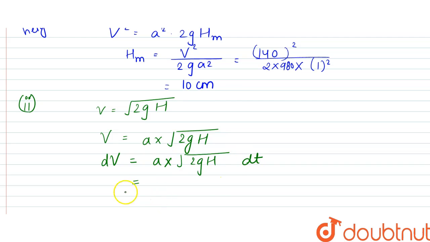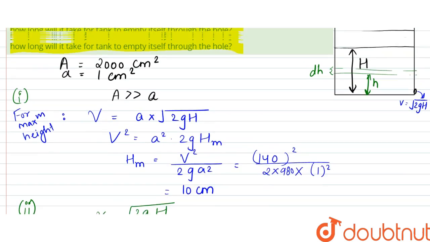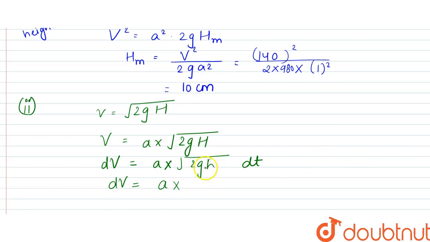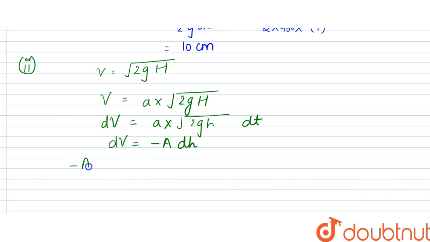For that small volume here, dV would be equal to minus A dh. So minus A dh would be equal to a into root over 2gh dt, since the area of cross section remains the same, but we have a certain height dh.